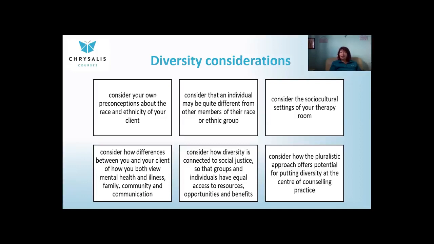And we looked at how those CBT approaches fit into a pluralistic approach. And we also looked at how the pluralistic approach is really good when working with diversity. And we looked at how the CBT approaches can be really useful for handling criticism, but also for many other areas in your life where you've got unhelpful thinking and unhelpful beliefs.